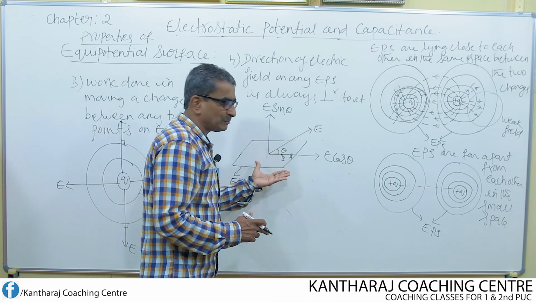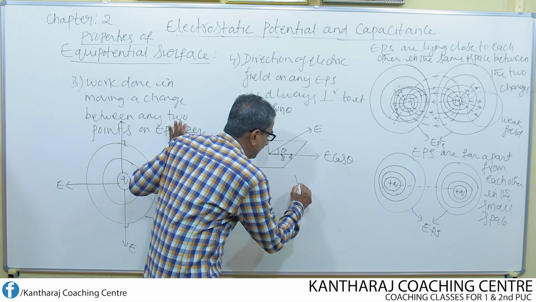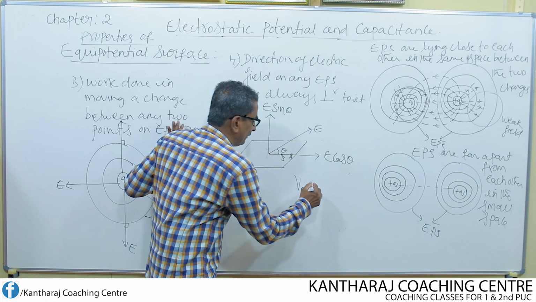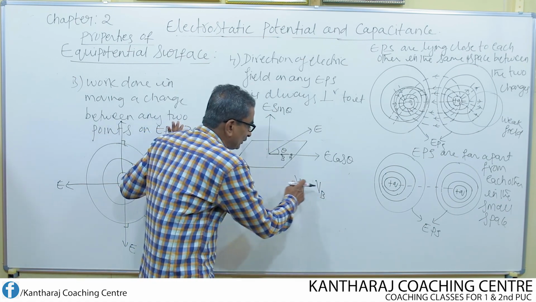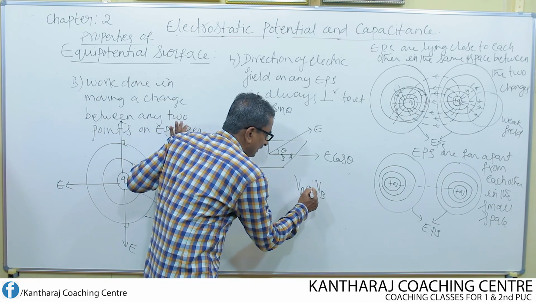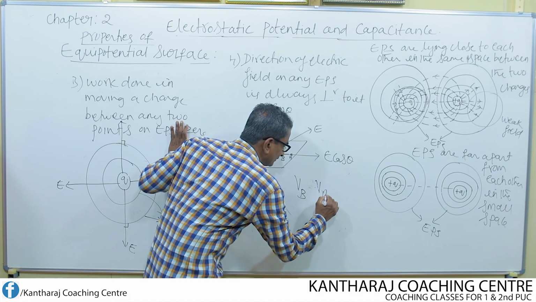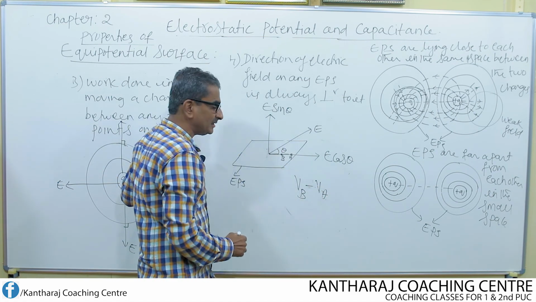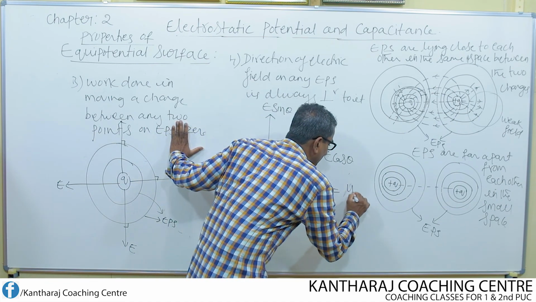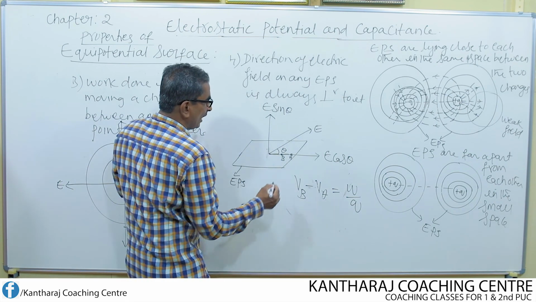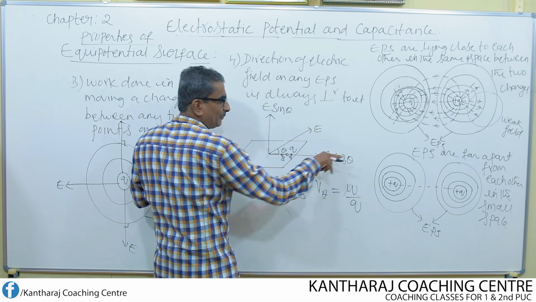If at point A, VA is the potential, and at point B, VB is the potential, then the potential difference between the two points, VB minus VA, is always equal to the work done. Let W be the work done in moving a charge Q from point A to point B opposite to this component.